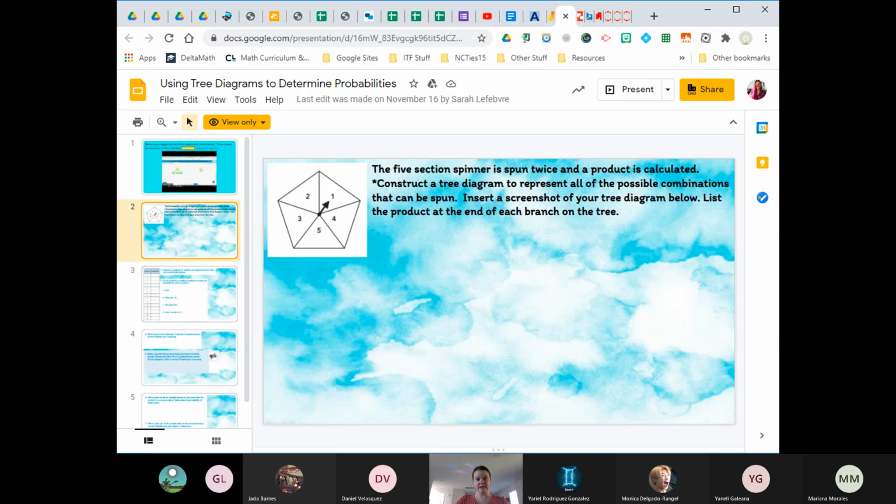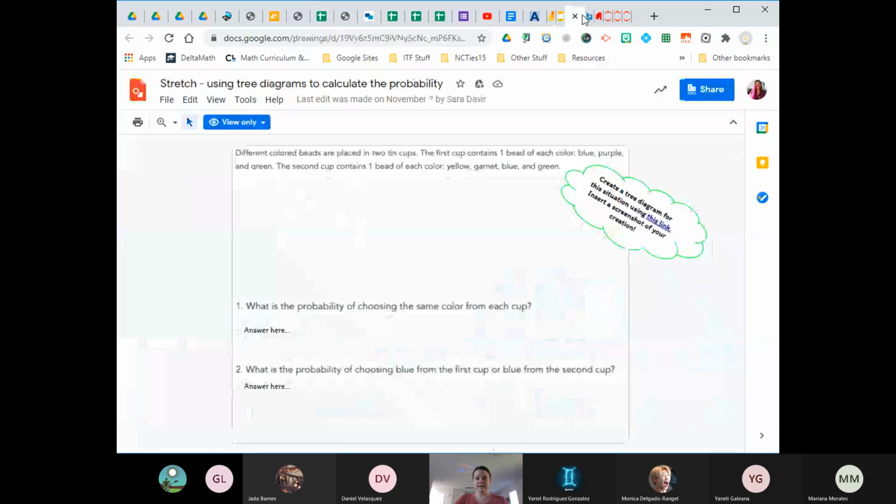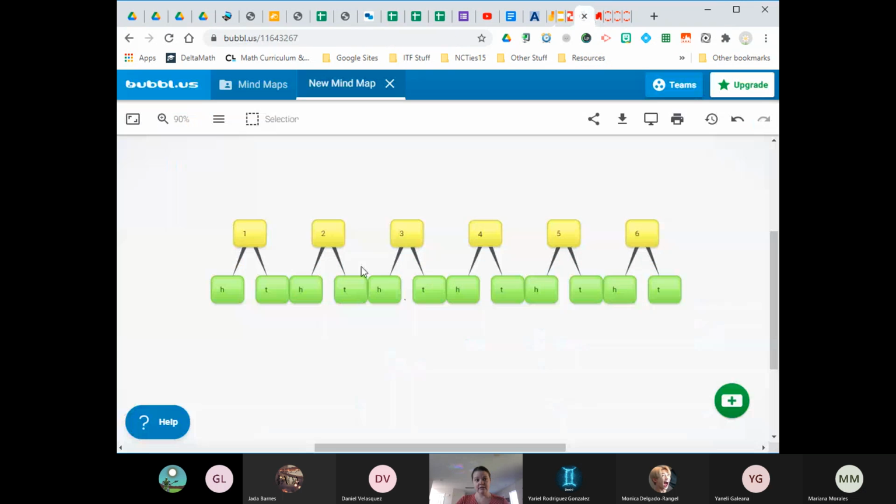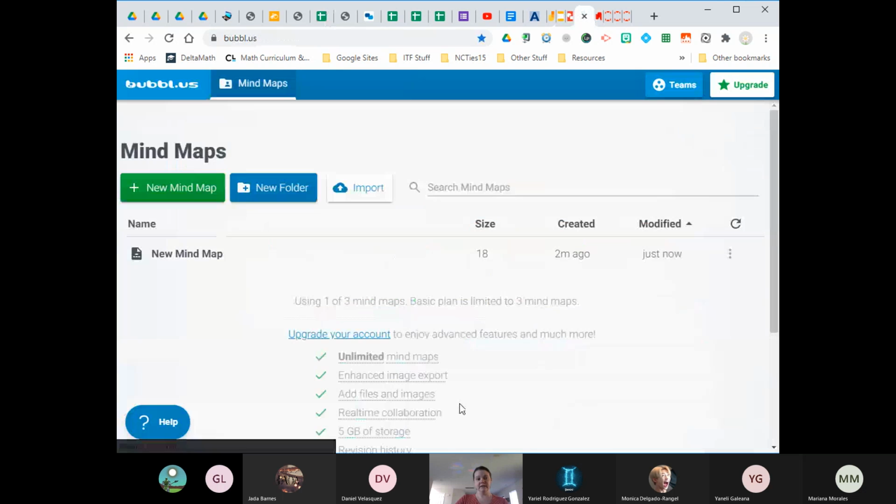On this assignment, using tree diagrams, it is on the second slide. On this other assignment called Stretch, it's going to go right here in this big space. If you want to save it, you can. Otherwise, you can click the X and it goes away.